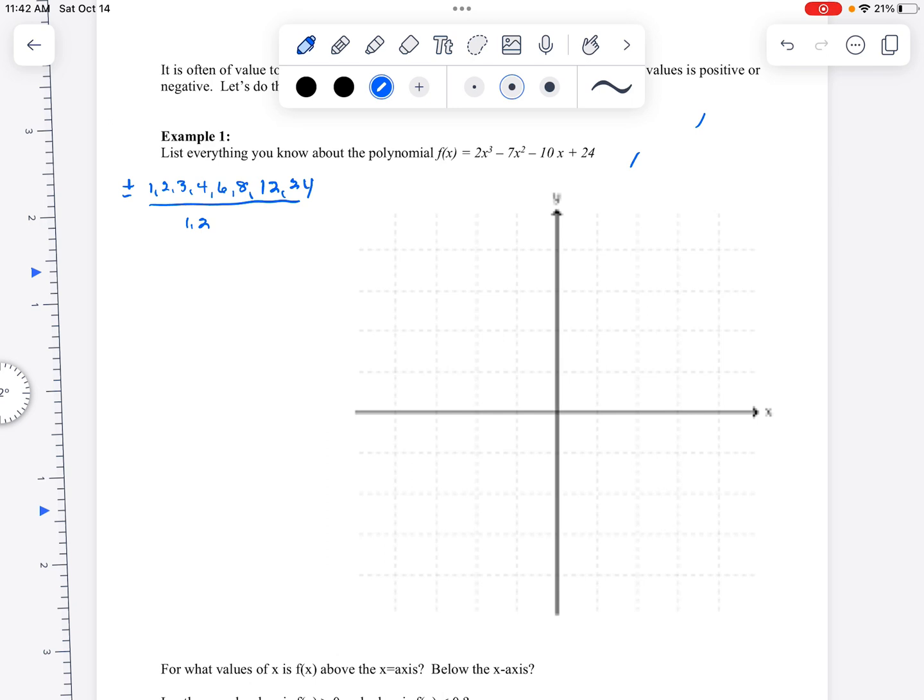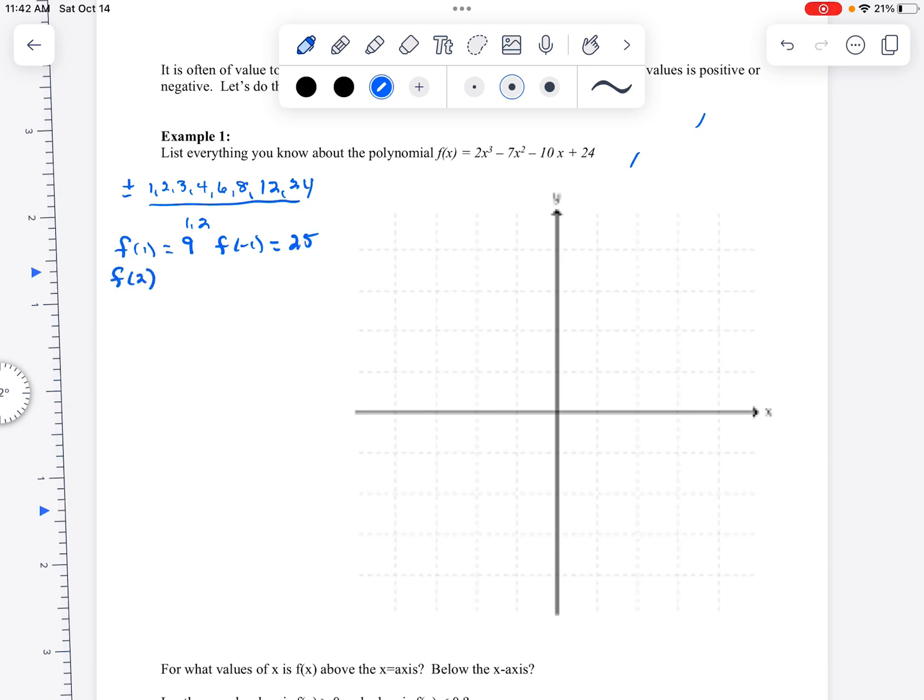But we can do it. If we plug in 1, I have 2 minus 7 minus 10 plus 24, it gives me 9. If I plug in negative 1, I'm going to have negative 2 minus 7 plus 10 plus 24, that's 25.